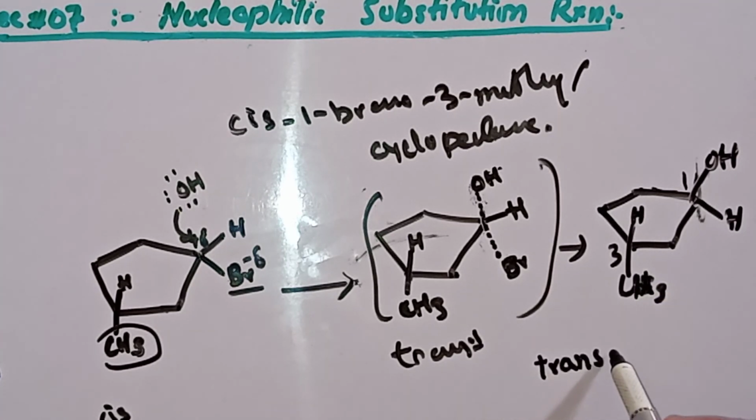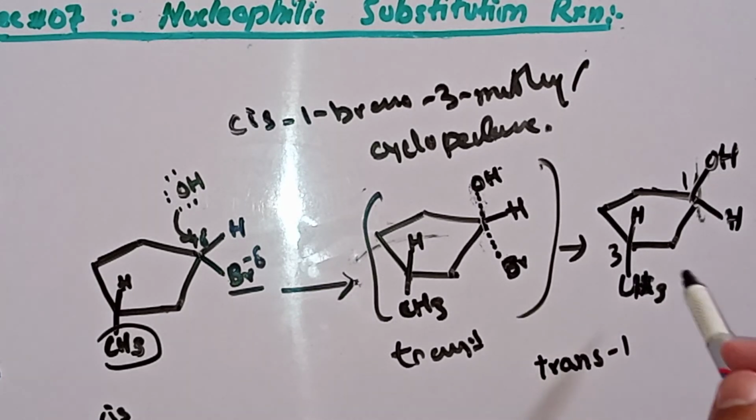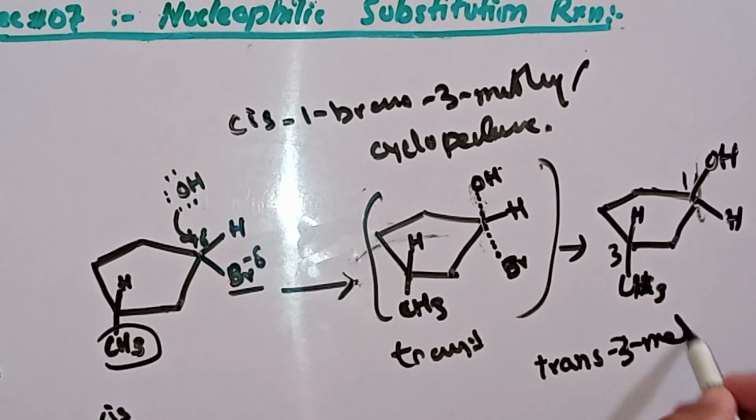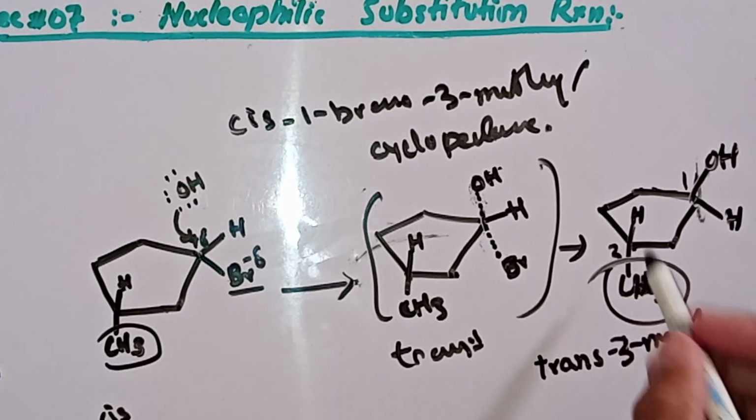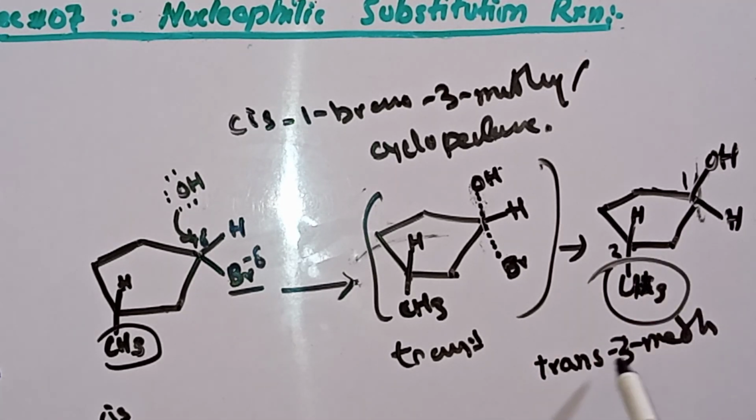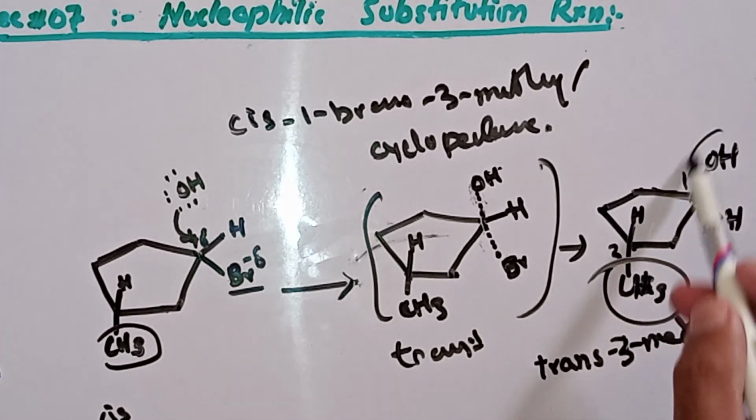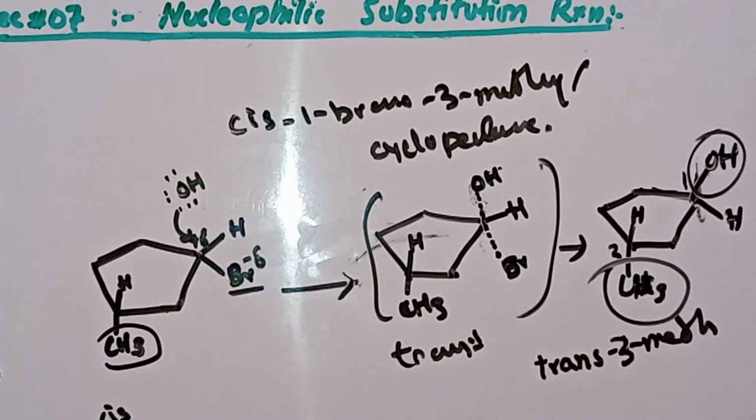So it becomes trans-3-methylcyclopentanol, because the methyl is attached to the third carbon, and because OH is attached, it is called pentanol. It becomes an alcohol.